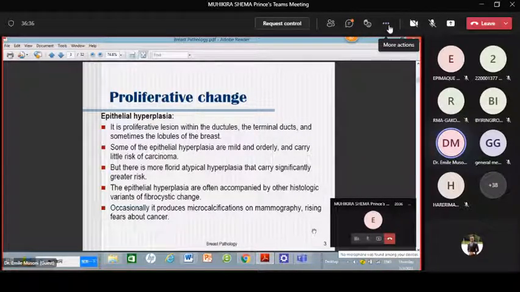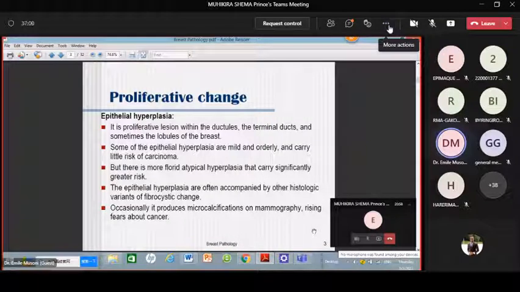Meaning that it is about the epithelium. Some epithelial hyperplasia are mild and can carry a little risk of carcinoma. It doesn't mean all epithelial hyperplasia will lead to carcinoma. No. Some don't develop into carcinoma.